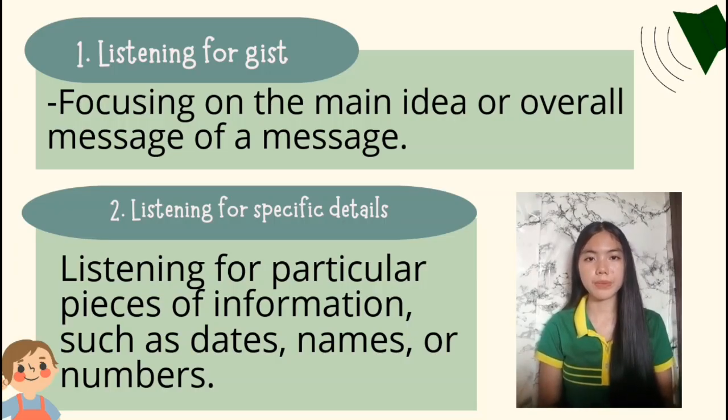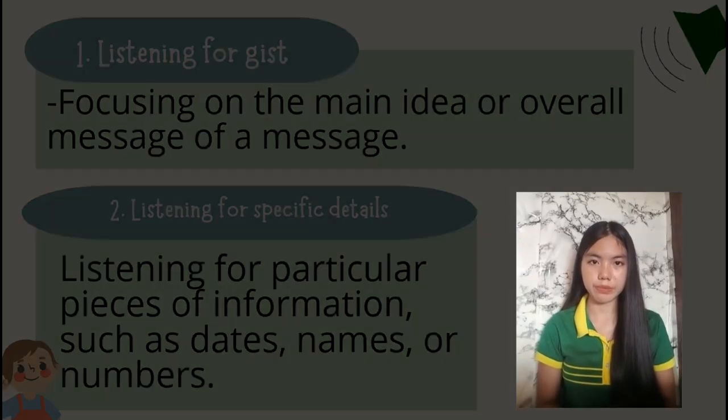For example, in a weather forecast, listening for specific details means noting the exact temperature, the time when the rain is expected, or the specific areas that will be affected by a storm.